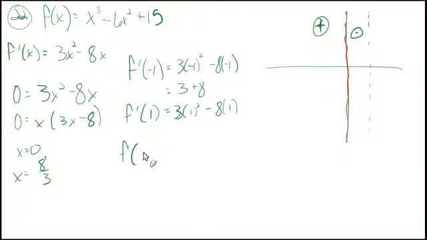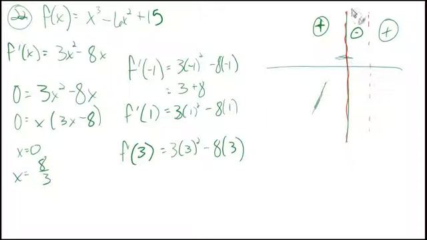F prime of, let's say it's almost 3, so let's just go ahead and use 3 since it's just to the right. So 3 times 3 squared minus 8 times 3. This is what I like about these sometimes. Like this is 9 times 3. This is 8 times 3, so this isn't quite as big as this, so I know it's going to be positive. That's always fun. Okay, and so I know that it's increasing. There's some zero slope somewhere in here.